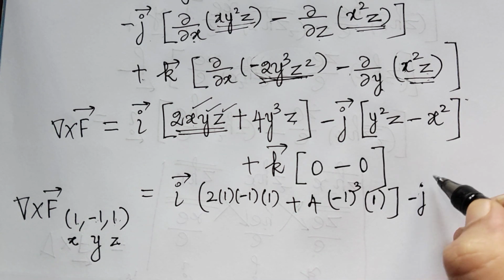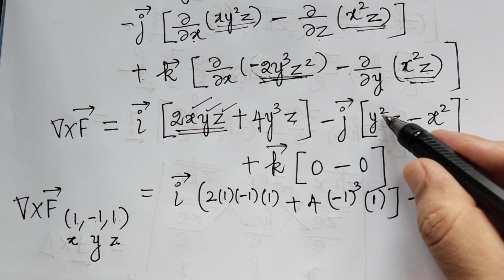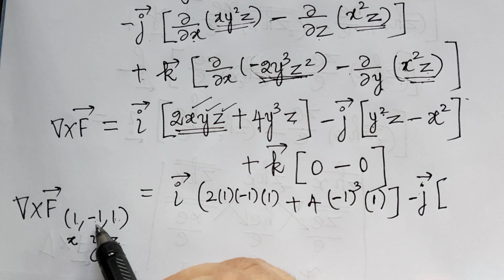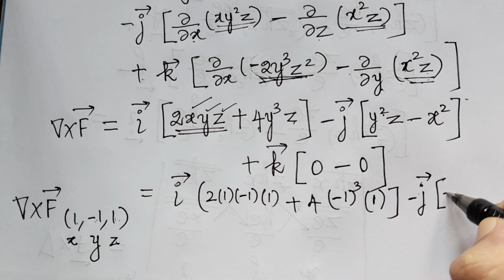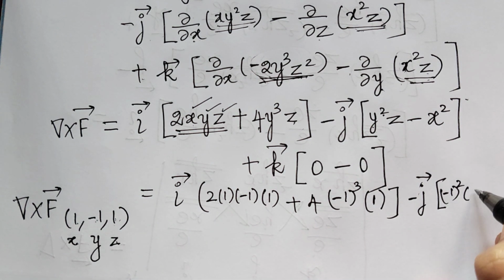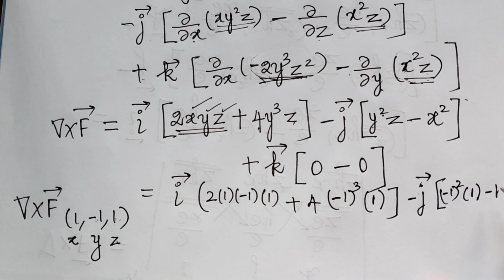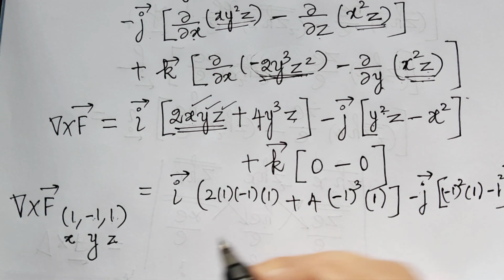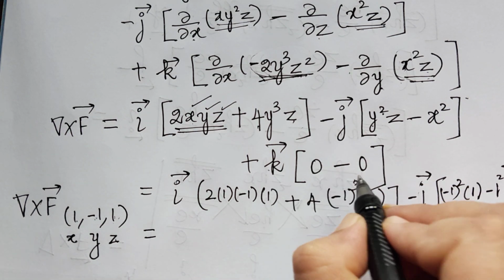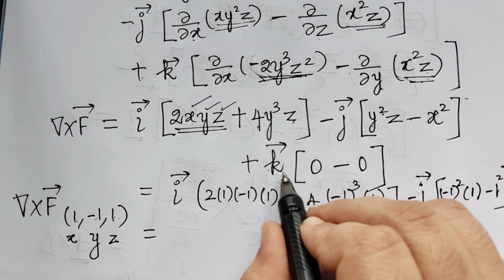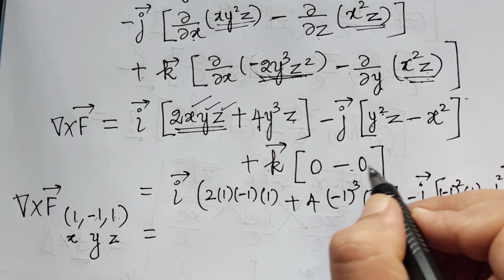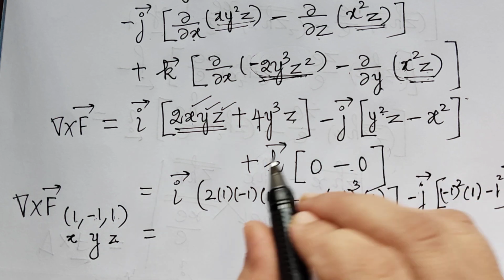and minus j vector multiplied with, what is y square? y square is negative 1 square multiplied with z is 1, minus x square, so 1 square. We do not have a k vector component, because 0 minus 0 will completely become 0.